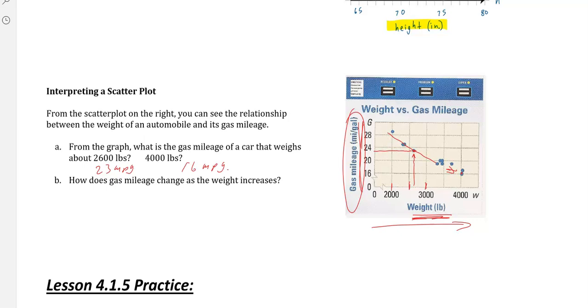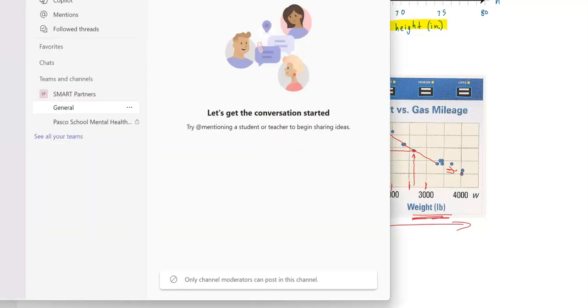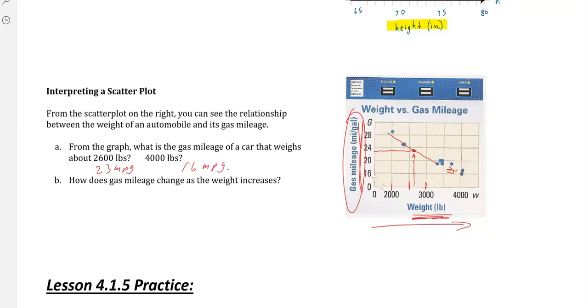So gas mileage decreases as weight increases. Right, as the weight goes up, gas mileage goes down.